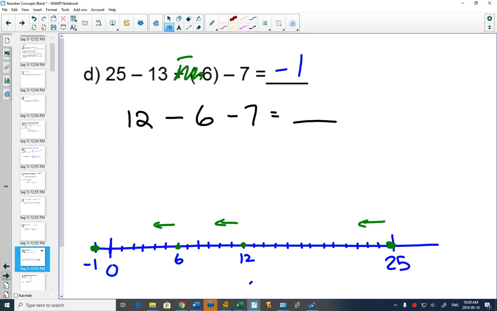I know what 12 minus 6 is. 12 minus 6 is 6. Then I get 6 minus 7. And at this point, I'm like, oh, it's minus 1. Okay. And so we get our answer.